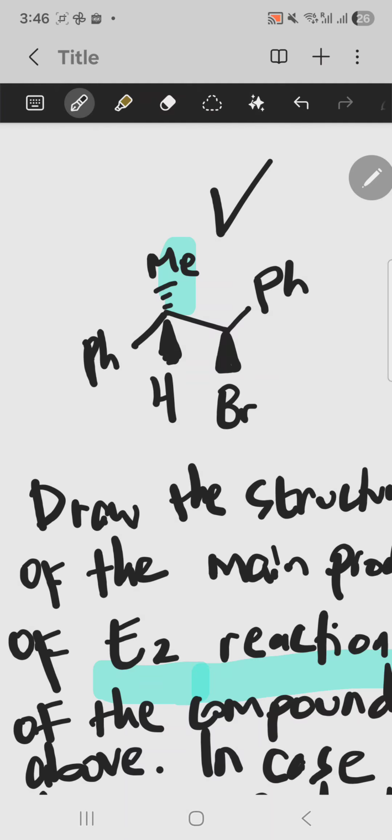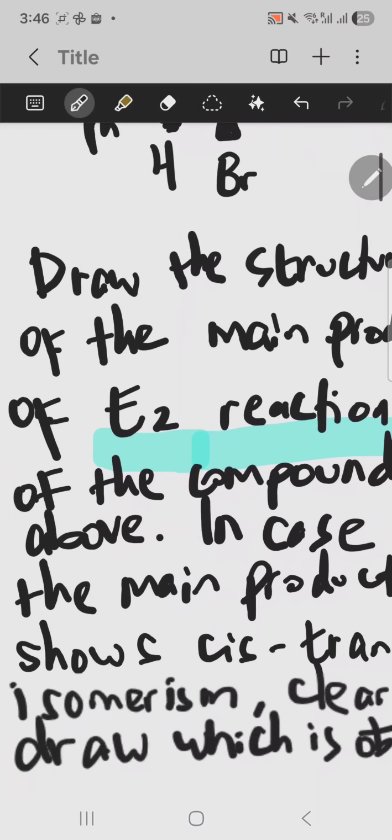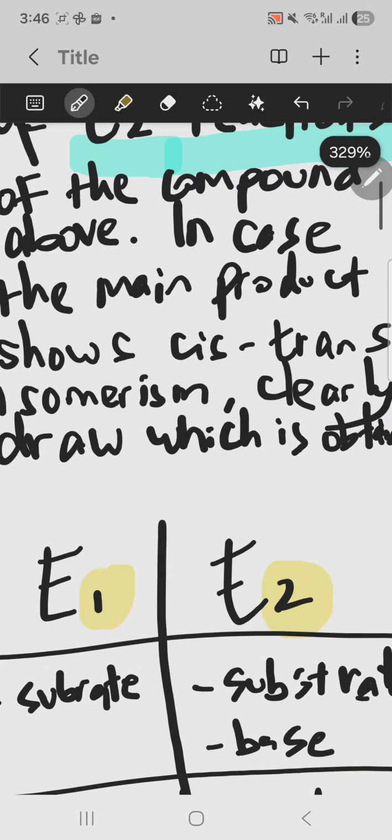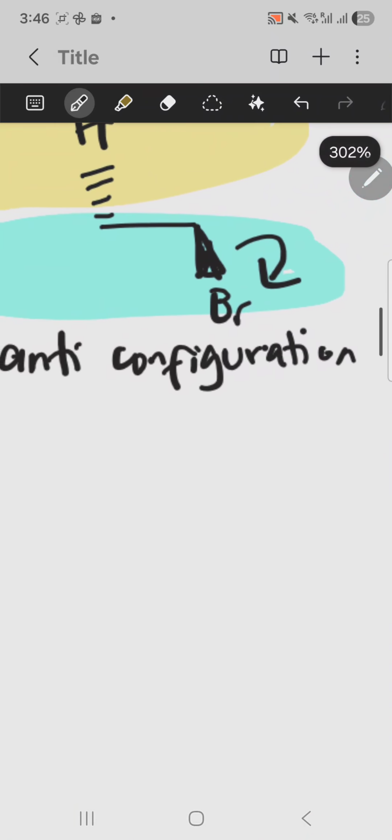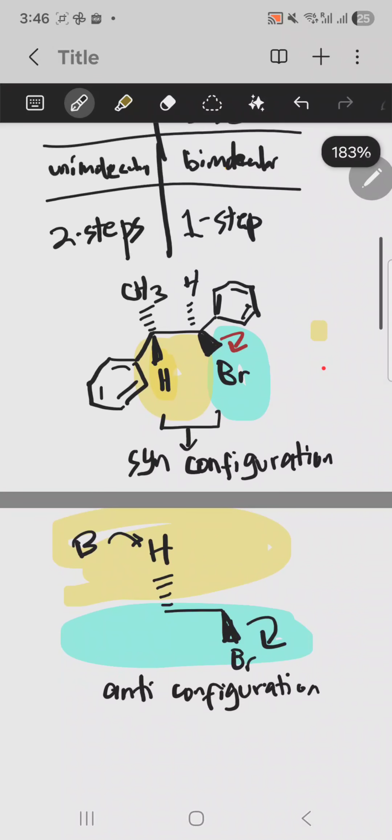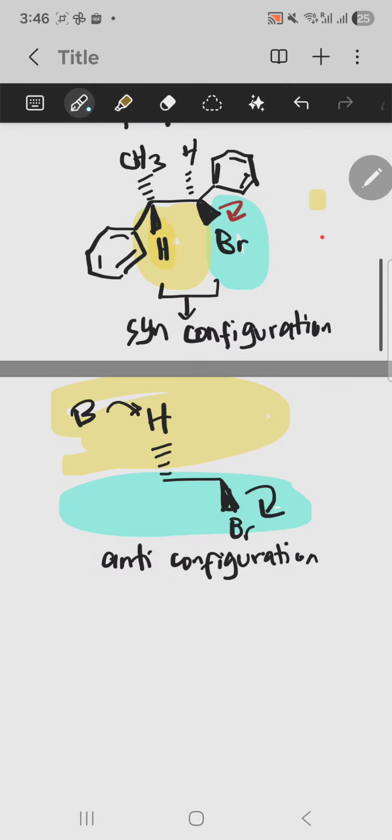Maybe you may ask, how come? This is because this is a single bond. Single bond means every atom bonded to each carbon can rotate, and then there is a situation when the hydrogen can be in anti configuration.